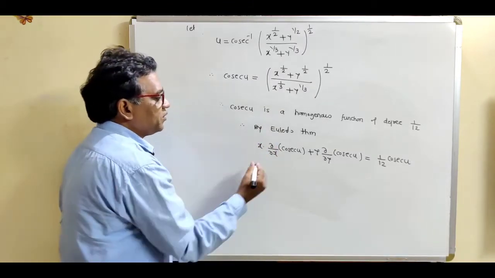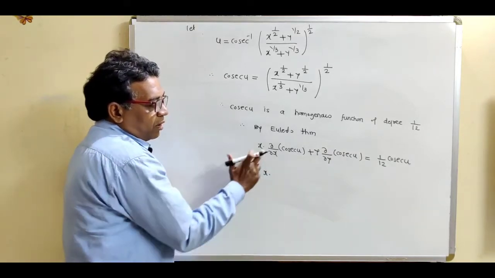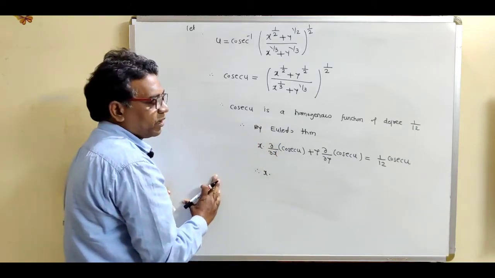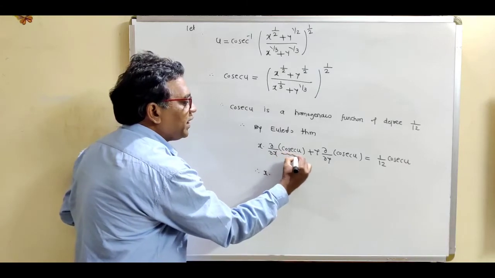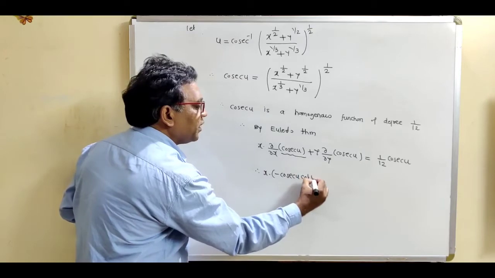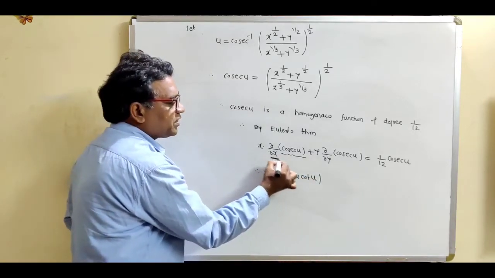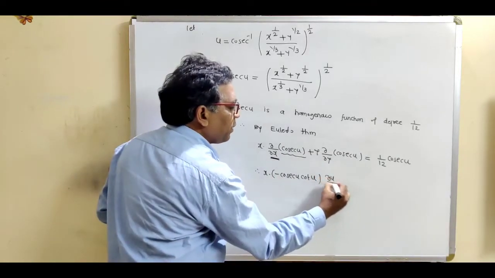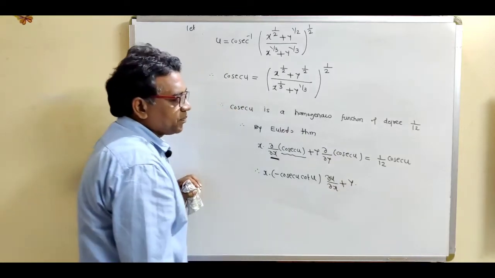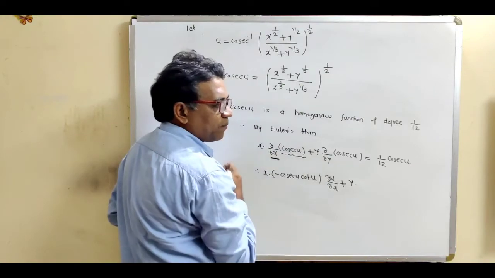So find out this derivative. So this is x into, now this is partial differentiation with respect to x. Now first of all, find the derivative of cosec u, that is minus cosec u into cot u, and partial differentiation with respect to x means we have to multiply by del u by del x, plus y into, now this is partial differentiation with respect to y.